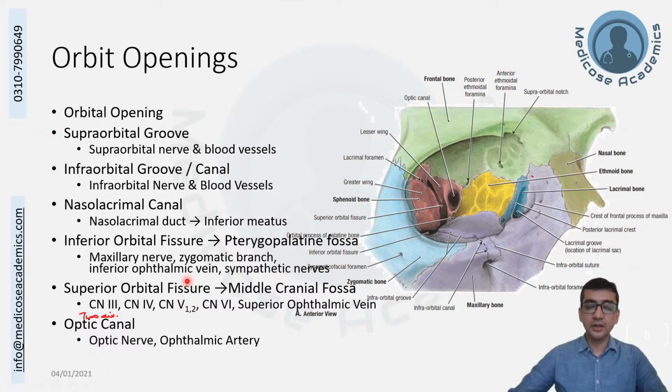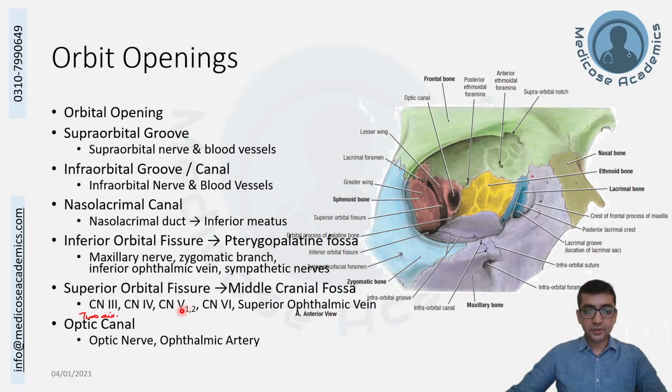The ophthalmic division is the one that supplies all of the structures in the sensory component of the orbit. And then there is the maxillary nerve that has entered the orbit after giving branches to the pterygopalatine fossa, and it then gives rise to two branches, the zygomatic branch and then the orbital nerve as a terminal branch.